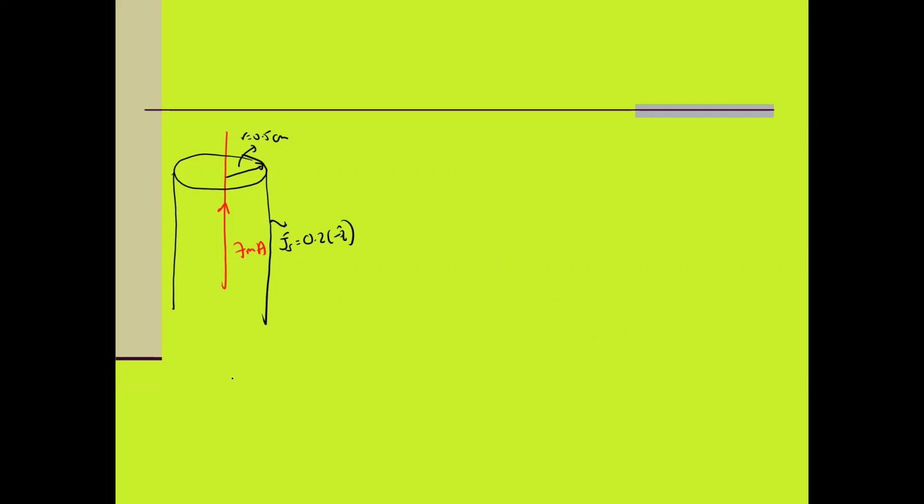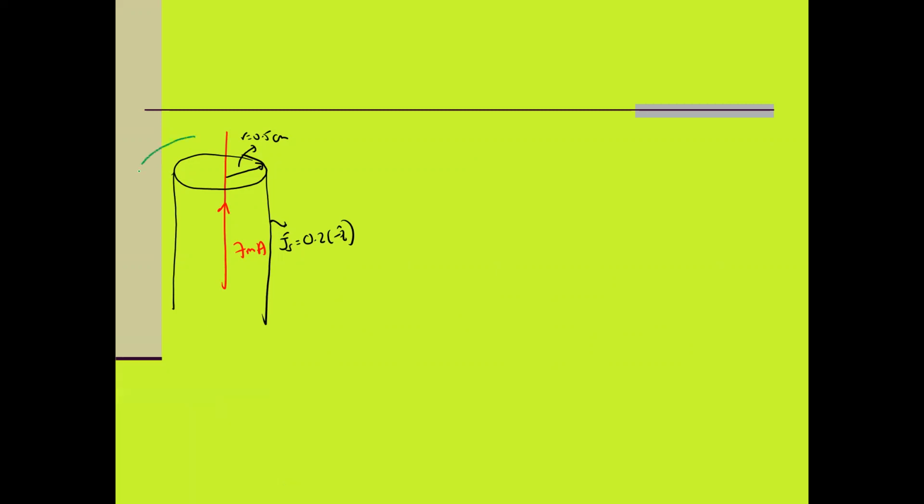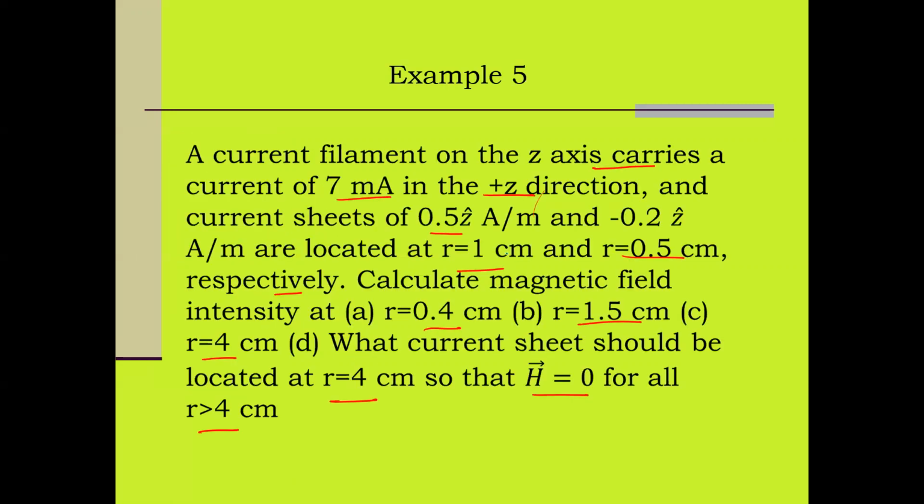Then we have the next surface current. I'm using green color for that. That should be our next surface current, in which the radius is 1 centimeter. So r equals 1 centimeter, in which the surface current Js is equal to 0.5 in the z direction, in ampere per meter units.